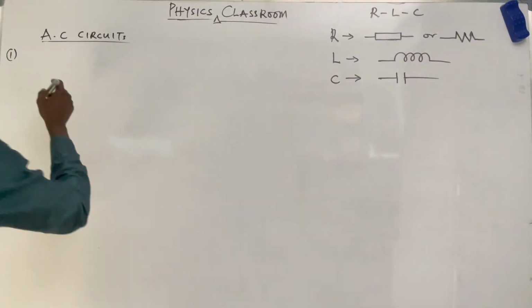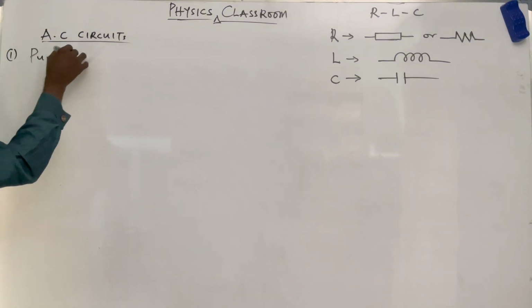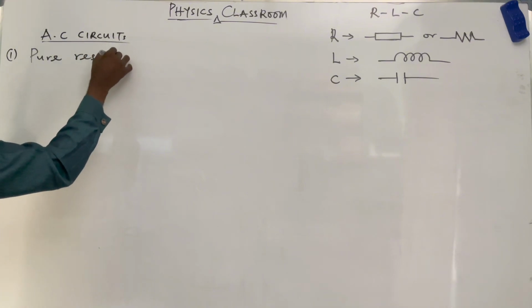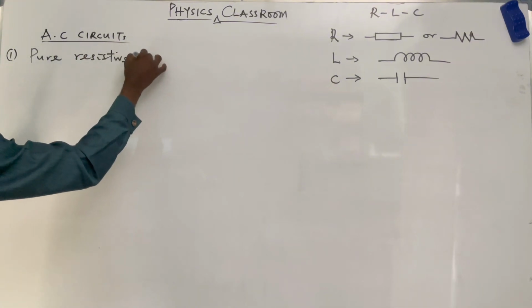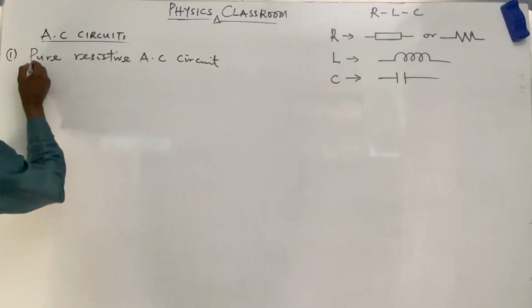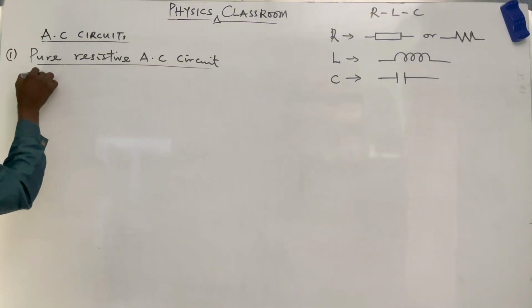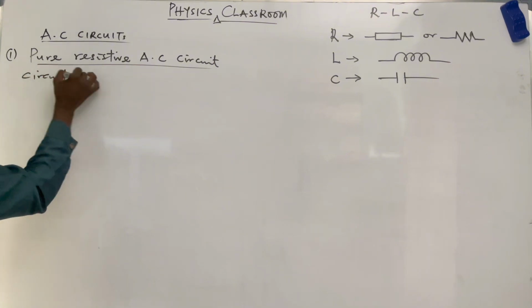Now back to this. We are going to be picking them one by one. We'll pick pure resistive AC circuit first. That is, we are going to be dealing only with the resistor. The first thing to note is the circuit diagram.